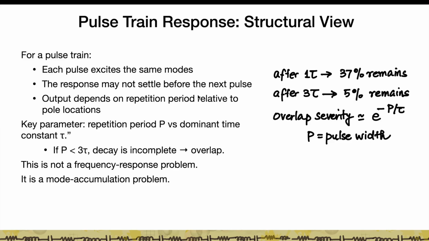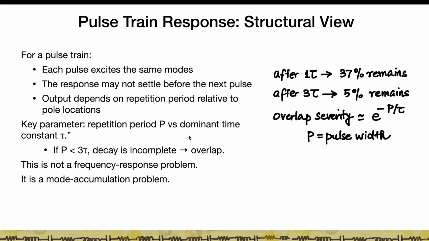The modes accumulate into a steady periodic regime that can have a large DC offset and large ripple. The key parameter is this P, the repetition period relative to tau. A practical rule: after 3 tau, about 95% of the mode has decayed. So if P is less than 3 tau, overlap is strong. If P is much larger than 3 tau, overlap is weak.